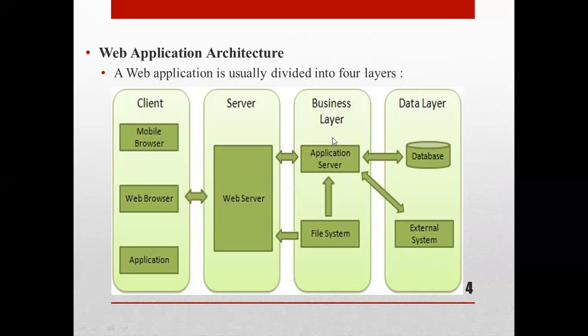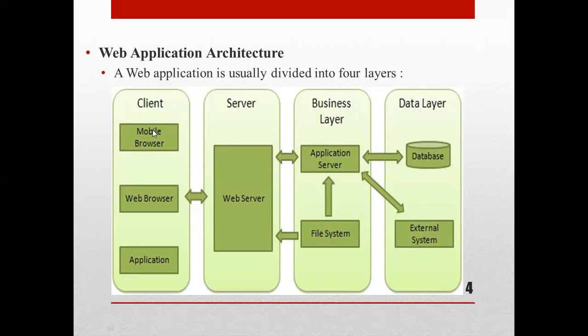Then here you can see the business layer. Business layer includes the application server, which is connected to the web server, and the file system. Here you can see the file system for that layer. It is connected to the web server. Then the last one is the data layer. Data layer includes the database and external system for the application server.